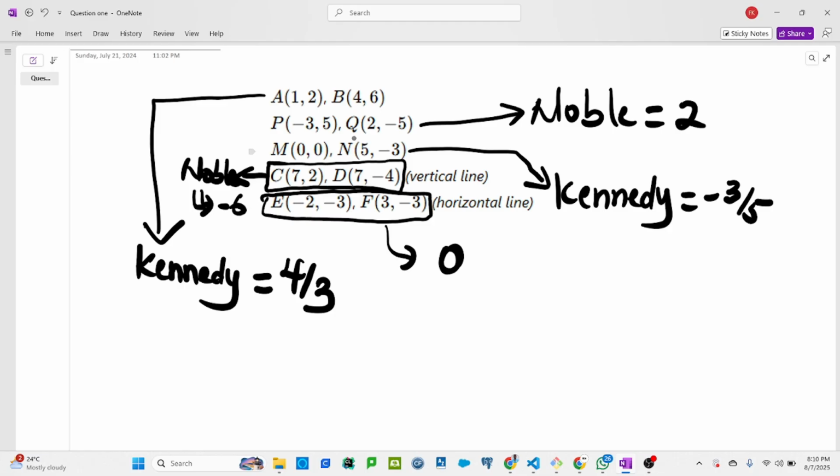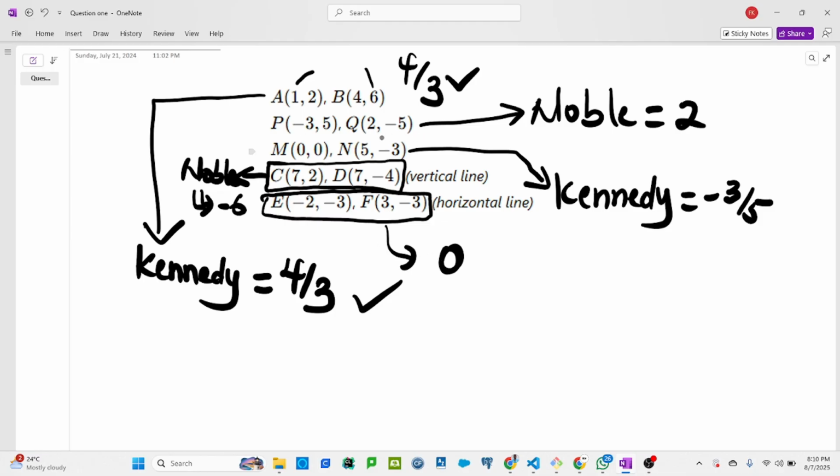Yes, sir. Okay, let me confirm everyone's work. For this one, 6 minus 2 will give me 4, over 4 minus 1, which gives me 3. So Kennedy, this one is correct.